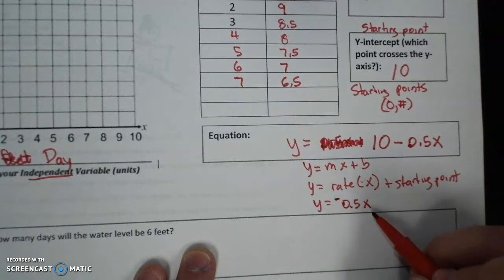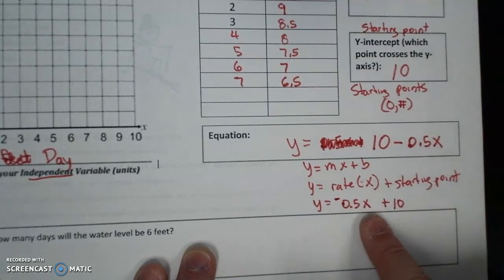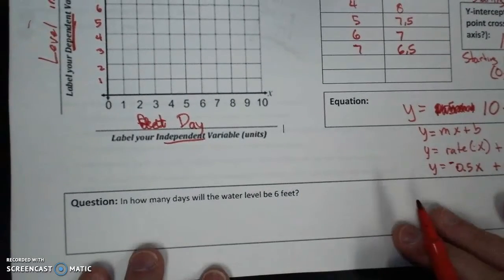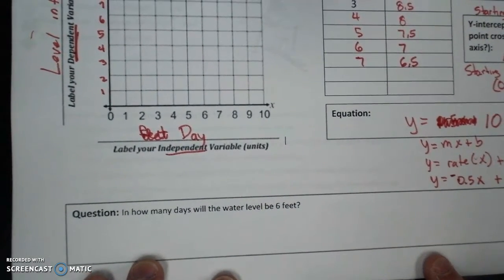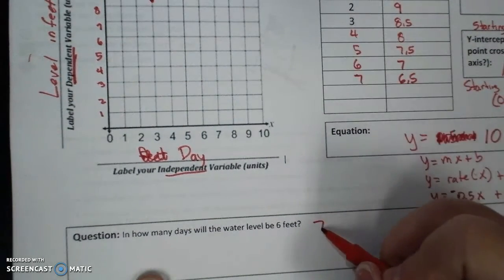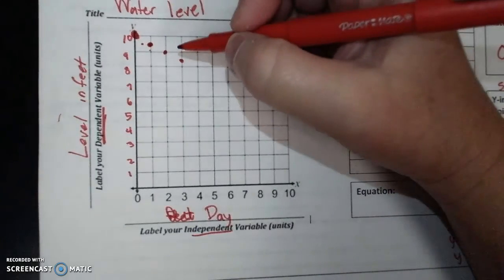So that would be a negative 0.5x and your starting point of 10. You could write it that way, it just looks odd. Okay. How many days will the water level be at 6 feet? Well, I filled in my chart, and so I could say 7. I'm going to show you something.